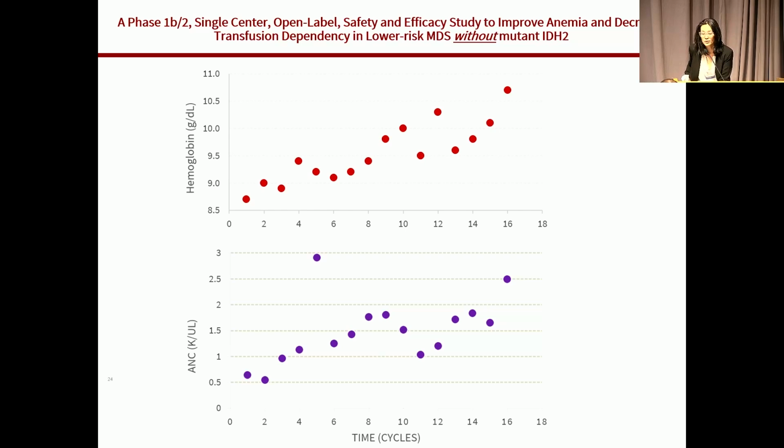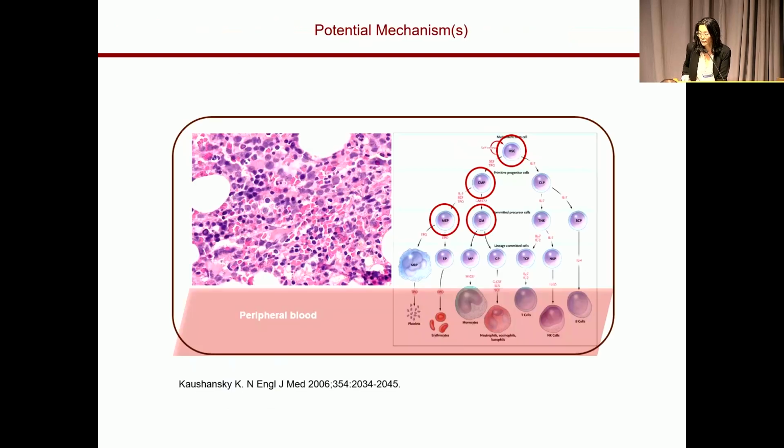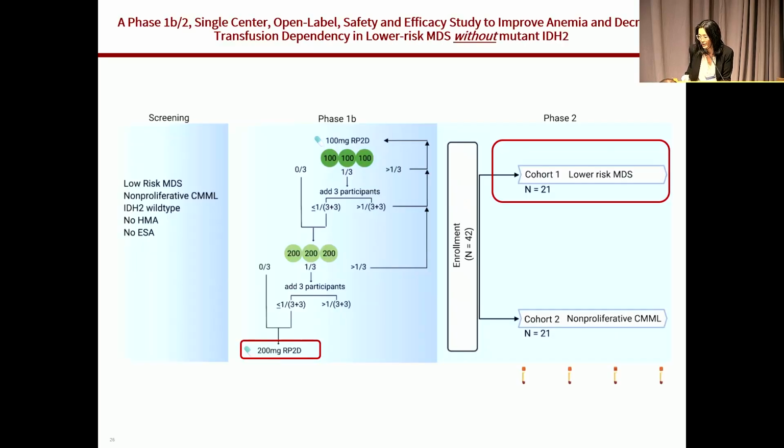So this was a really interesting example of a trilineage responder in an IDH2 wild-type patient, which leads to the question of whether enasidenib has a totally off-target effect that may be acting at the progenitor level, MPP, CMP perhaps, to explain the trilineage response and improvements in all the cell types.